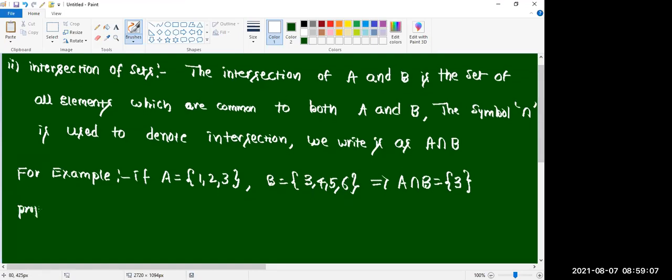Properties. A intersection B equal to B intersection A. First property. Second one, A intersection B intersection C equal to A intersection B intersection C. Associative property, it follows.